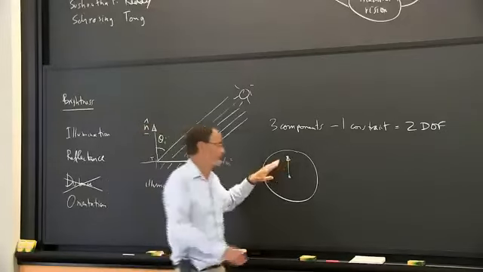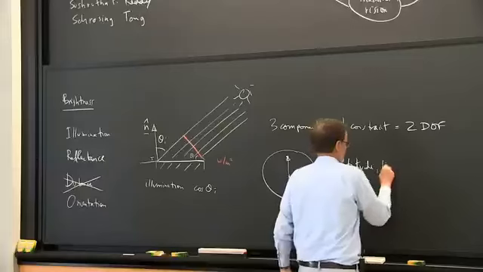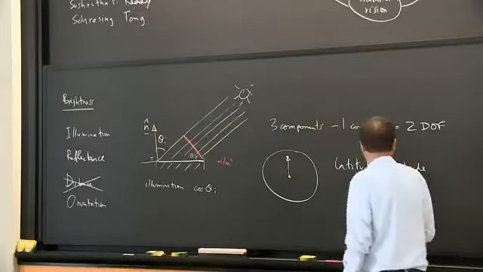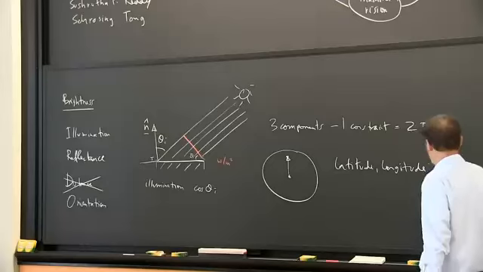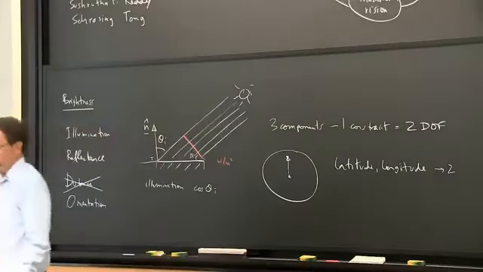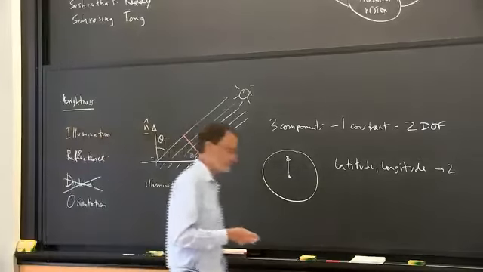And I can talk about points on the sphere in various ways, but one is latitude and longitude. And that's 2 variables. So that tells us again in another way that a unit normal has 2 degrees of freedom, and if I want to pin it down, I better have 2 constraints.